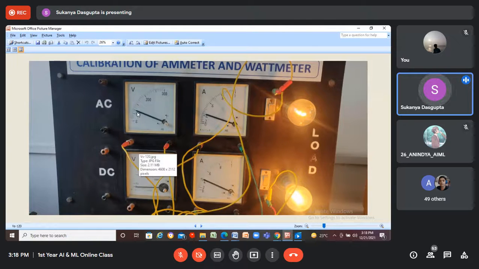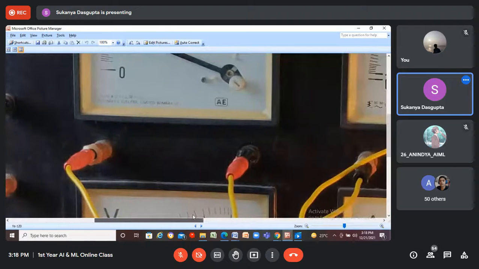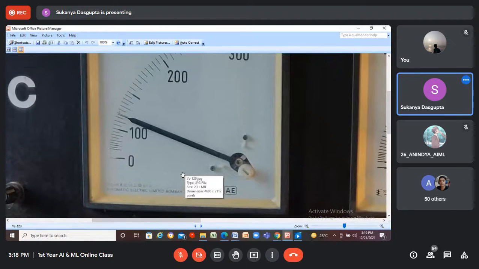So suppose this is the first reading of the supply voltage. First, note down the value of this supply voltage. This is 100, this is 200.